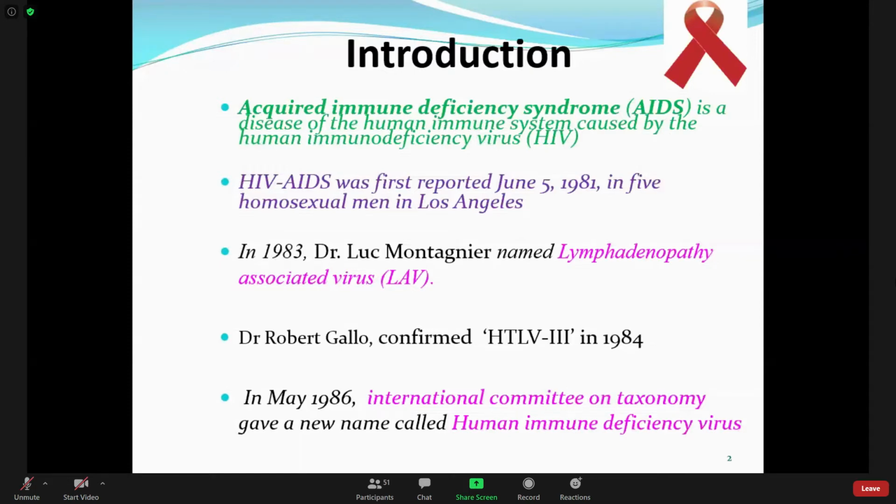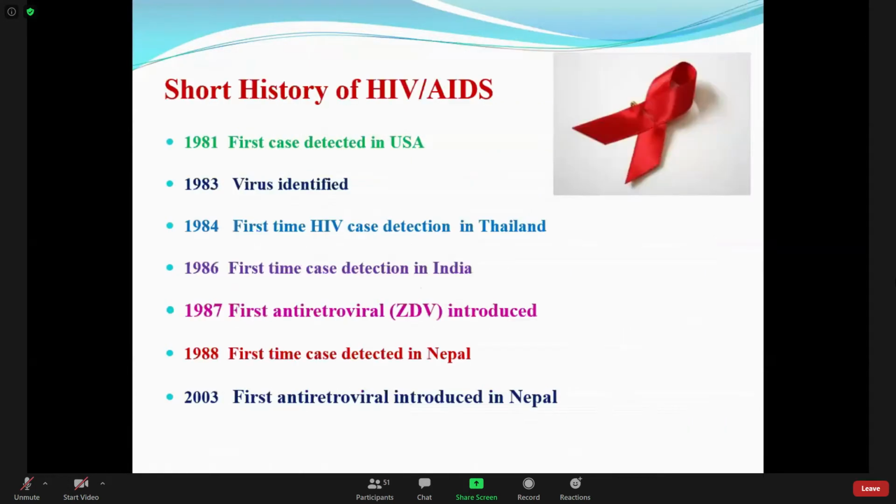And in May 1986, the International Committee on Taxonomy gave a new name, Human Immunodeficiency Virus, HIV. This is a short history regarding HIV and AIDS.